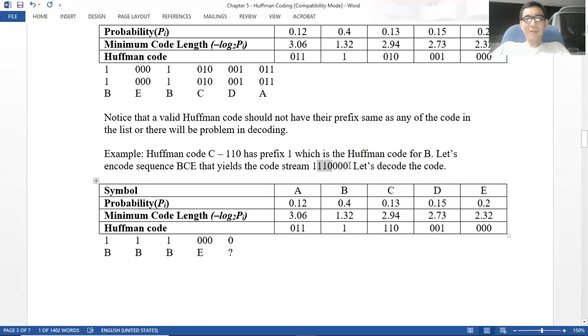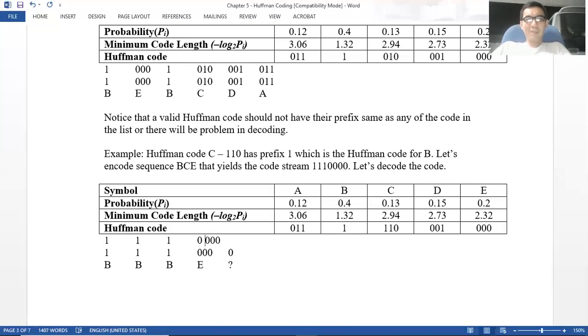Let's try to decode this and see what comes out. As usual, we take 1 bit into the buffer. Any 1? Yes, B. We clear the buffer and move the next bit in. 1, any 1? Yes, B. Then we clear the buffer and take another bit in. Any 1? Yes, B.